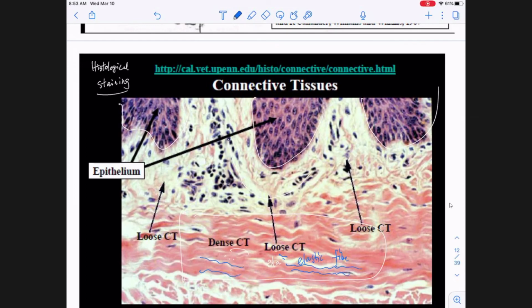If we take a look at the dense, it means like the muscle, cardiac muscle, skeletal muscle. That's dense connective tissue. Like this one, that's a tendon kind of structure. You see in tendon a lot of nanofiber collagen fibers.